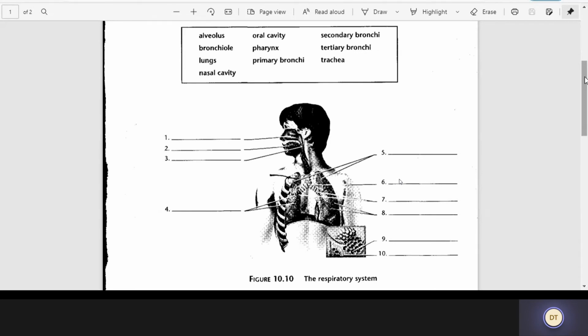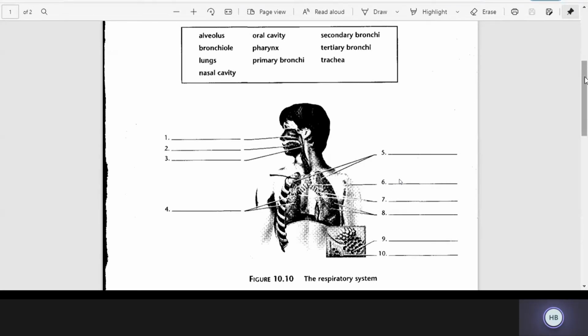You think so? I think number 4 is secondary bronchi. Sorry, number 4 is secondary bronchi. Yes, number 4 should be not tertiary but secondary bronchi.